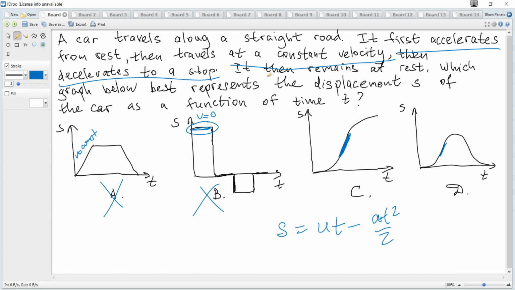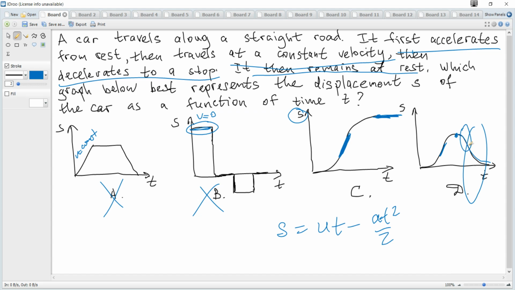And then it remains at rest. At rest, it means what? The displacement from the origin doesn't change, so it will be stationary, so s doesn't change at all. But here it means that it turns around and is moving backwards for D here.